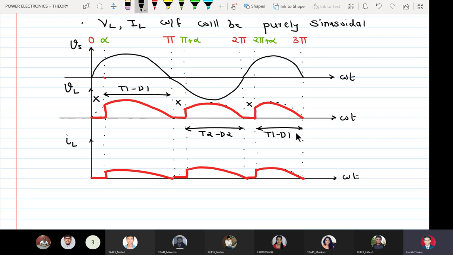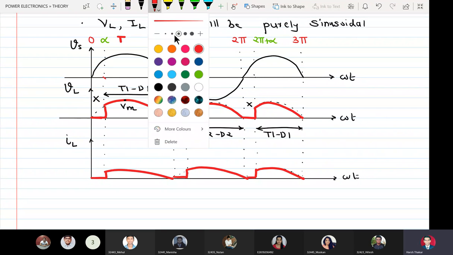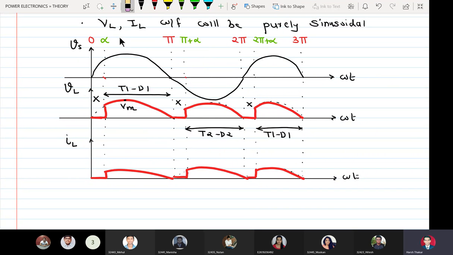Okay, and the peaks are, so this peak is Vm, which occurs at pi by 2, negative peak at 3 pi by 2, right?